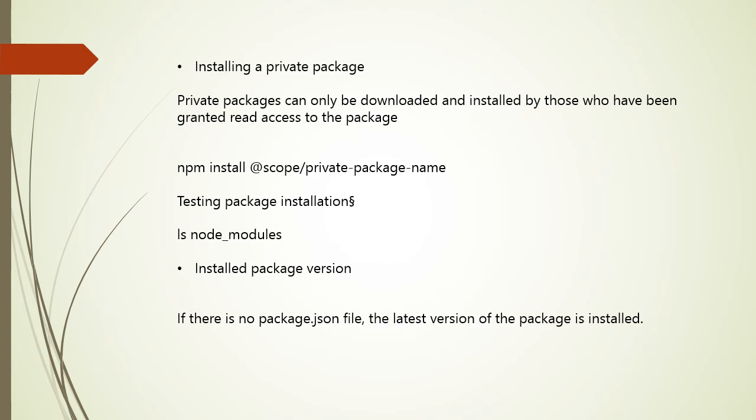If there is a package.json file in the directory in which npm install is run, npm installs the latest version of the package that satisfies the semantic versioning rule declared in package.json. If there is no package.json file, the latest version of the package is installed.